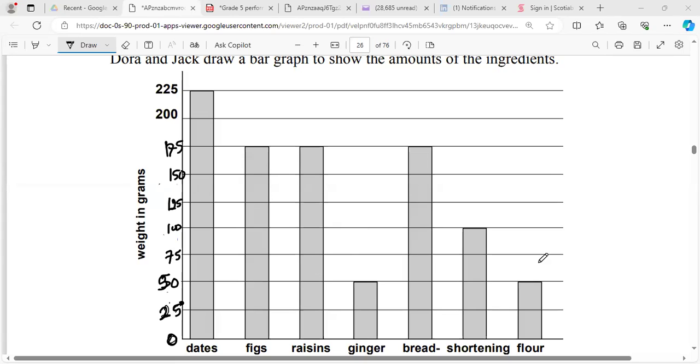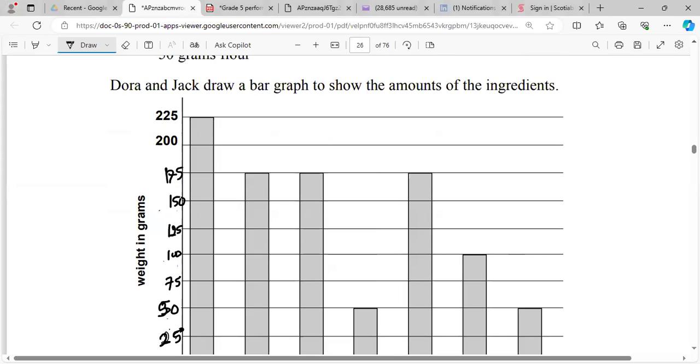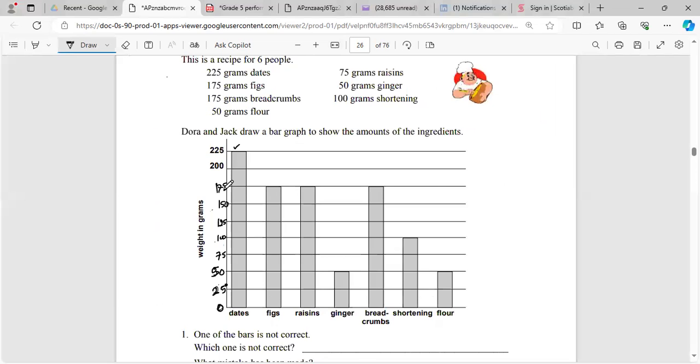So now which one is incorrect? Let us find out based on the numbers given. Dates should be 225, so we can tick that. Figs should be 175. Let me make it smaller so everybody can see the labels as well. Figs should be 175.